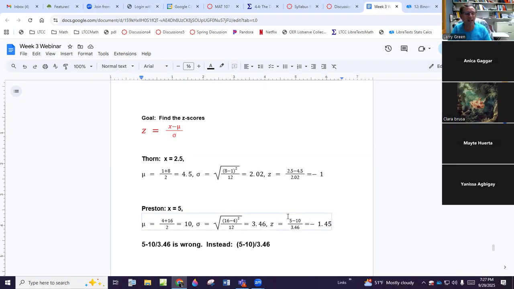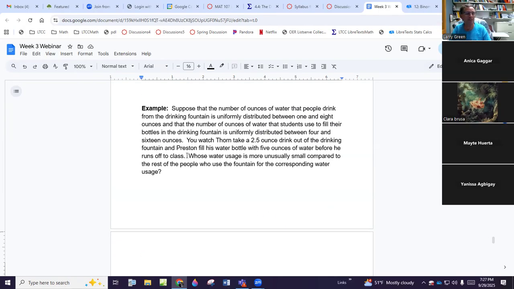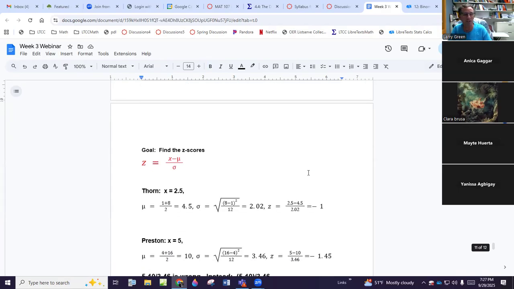So now we can answer the question. The question was, whose water usage is more unusually small compared to the rest of the people who use a fountain for the corresponding water usage?